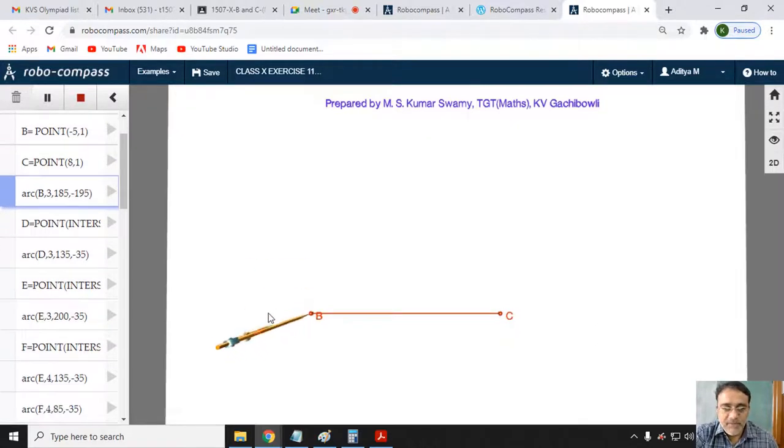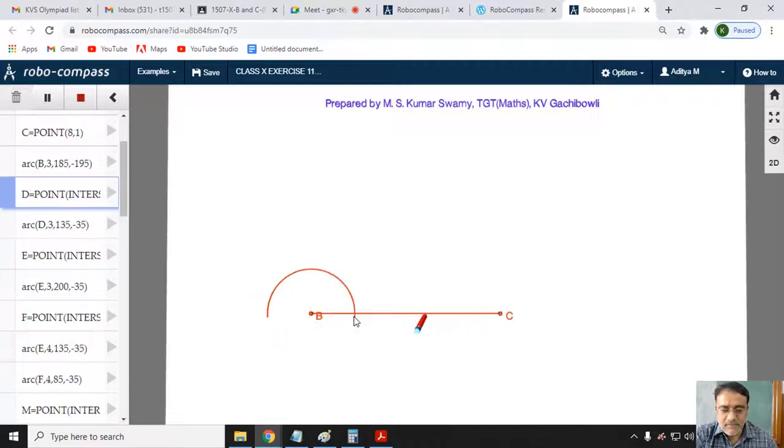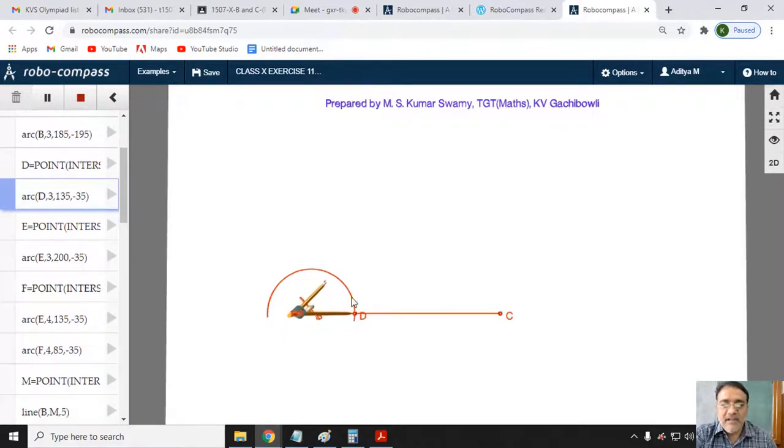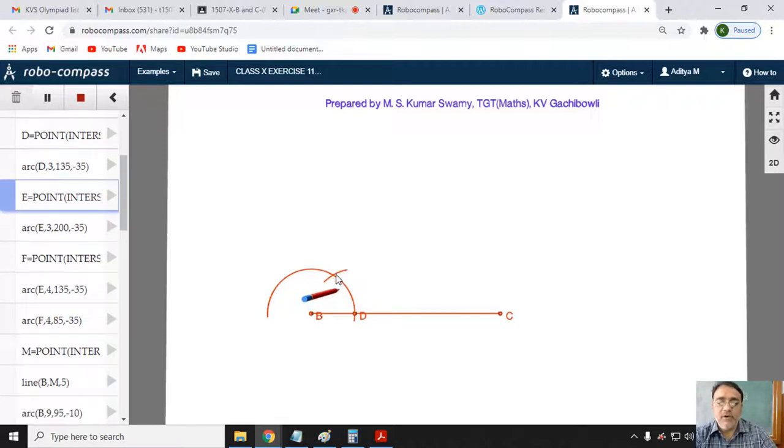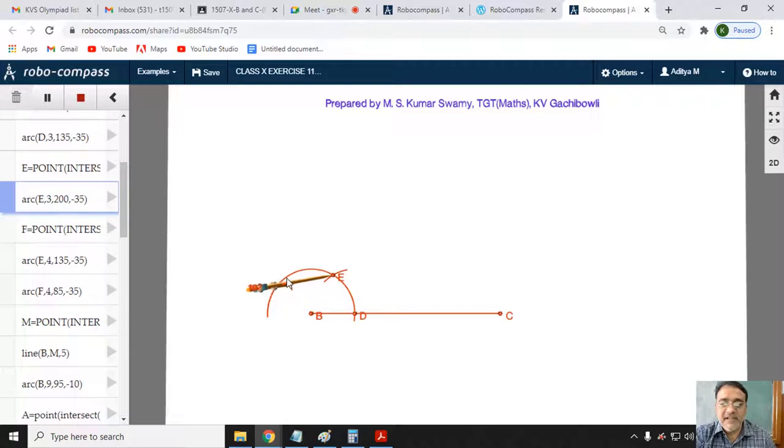So how will you draw, one semicircular arc which will intersect BC at point D. फिर point D से एक arc और draw करेंगे with same radius which will intersect at point E. Again with center E we will draw one more arc of same radius which will intersect the first semicircular arc at point F.